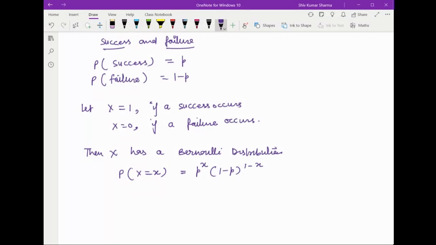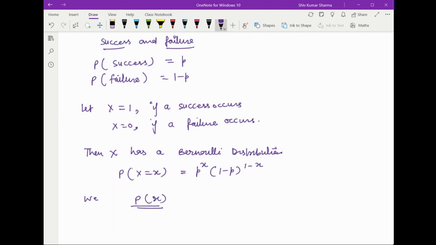That means 1 minus p is the failure, which does not occur. We write this as P of x.